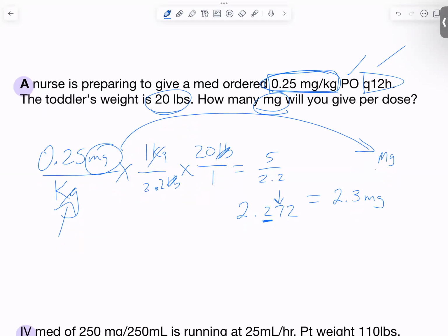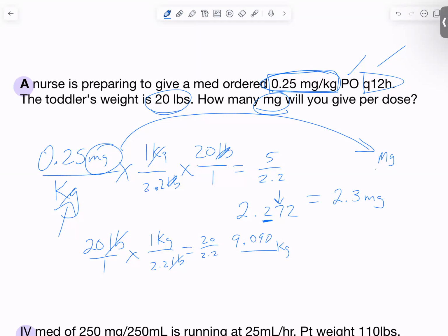So now I can just solve for the weight in kilograms, and that would be 9.0909. So 9.0909 times 0.25 will give me the same answer, 2.272.